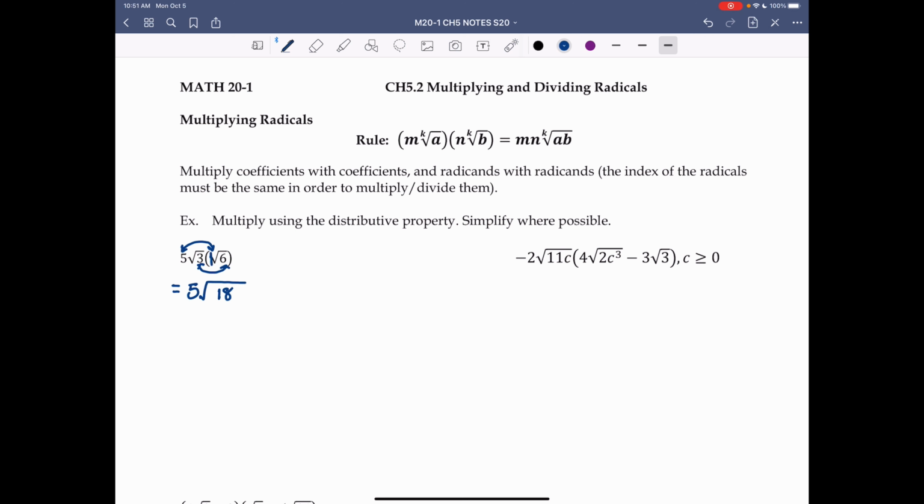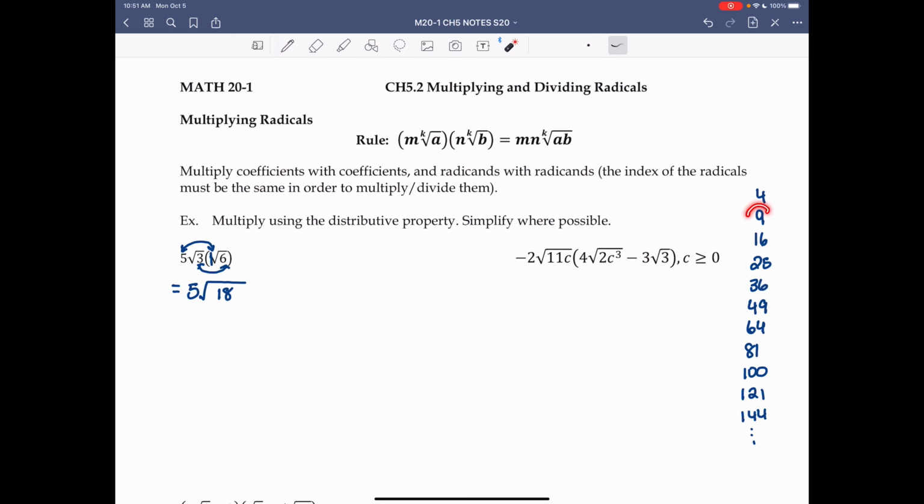Let's make a list of our perfect squares. 2 squared is 4, 3 squared 9, 4 squared 16, 5 squared 25, 6 squared 36, 7 squared 49, 8 squared 64, 9 squared 81, 10 squared 100, 11 squared 121, 12 squared 144, and so on. I want the biggest perfect square that divides 18. Half of 18 is 9, so it can be no bigger than 9.